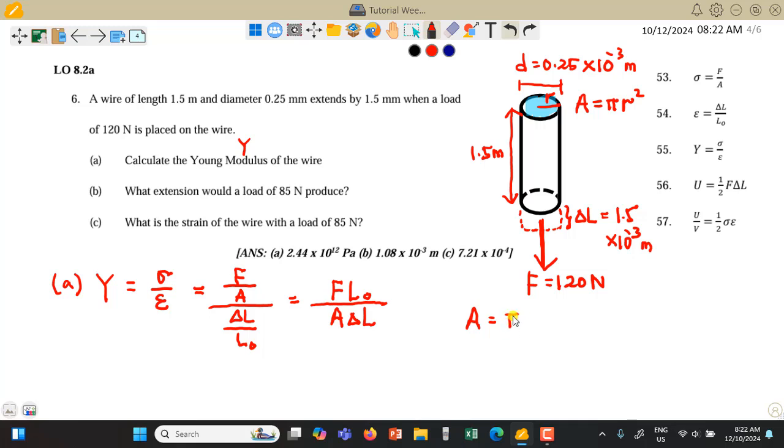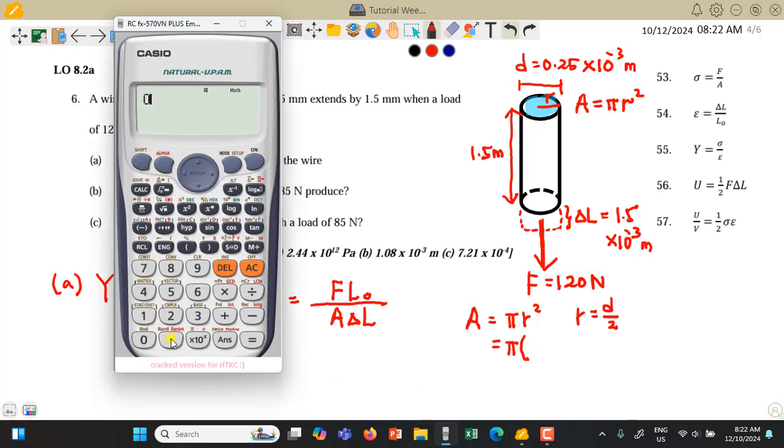Area is given by pi r squared. So I put in the value pi. The radius of the wire will be the diameter divided by 2, so 0.25 times 10 to the power of negative 3 divided by 2.